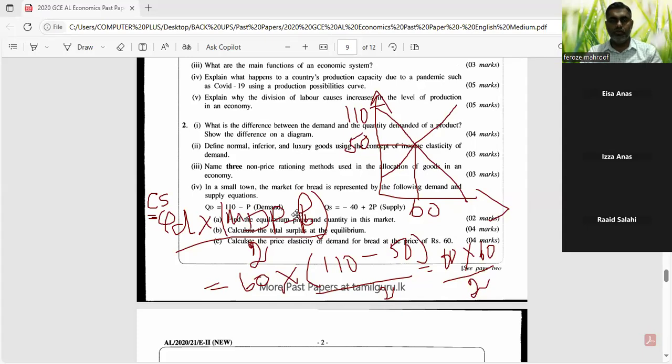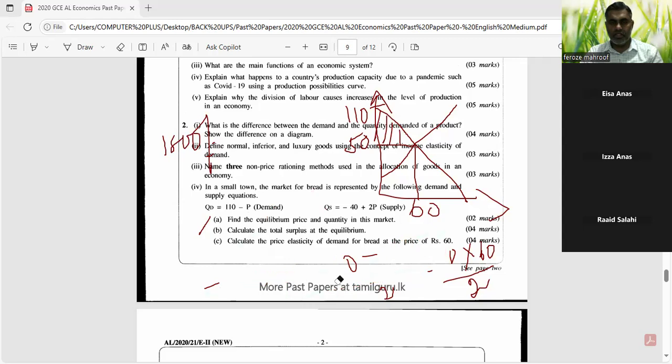Okay, now we will continue. Consumer surplus 1,800, that is this portion. Then we have to go to the producer surplus. When you calculate producer surplus, I have told you, you must remember only a simple equation in your mind.